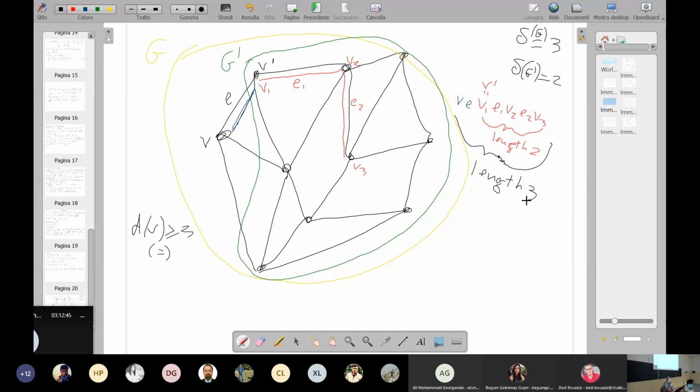Tell me. The length, number 2. Length is the number of edges in the path. Length 2, we chose it arbitrarily, right? No, it is there because it is surely there because we are applying the inductive hypothesis. This is the problem with an example. With an example, you see everything, but in the proof, you don't see anything.